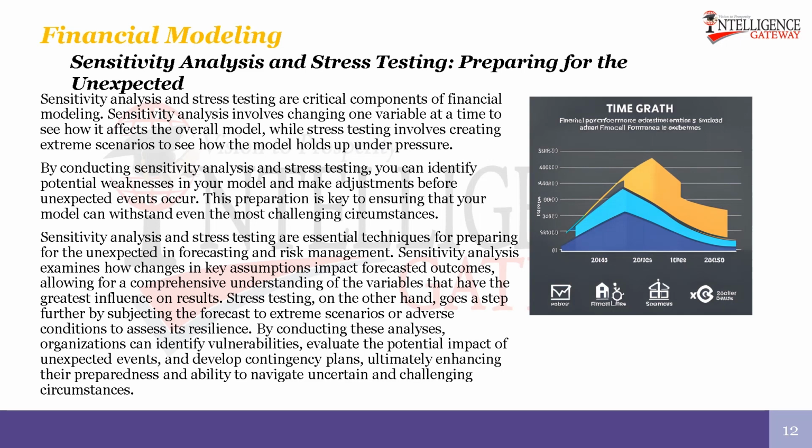Stress testing, on the other hand, goes a step further by subjecting the forecast to extreme scenarios or adverse conditions to assess its resilience. By conducting these analyses, organizations can identify vulnerabilities, evaluate the potential impact of unexpected events, and develop contingency plans, ultimately enhancing their preparedness and ability to navigate uncertain and challenging circumstances.